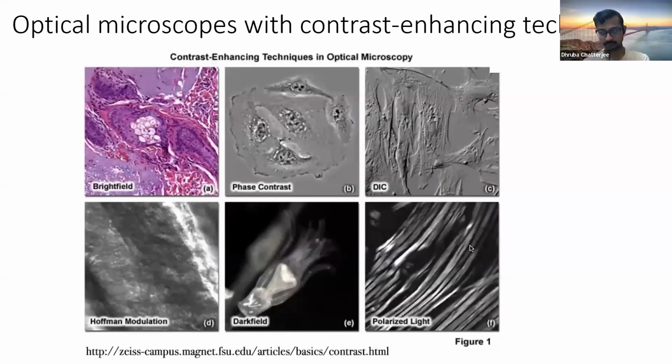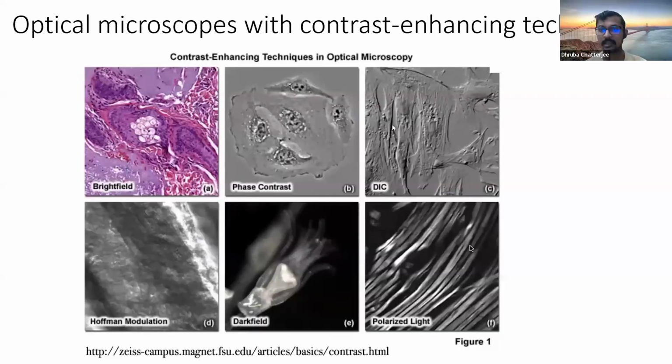So some more optical components, techniques and technologies have been used to devise more optical microscopic tools that provide much better contrast and allow you to differentiate different subcellular compartments having different optical densities or different optical properties, refractive indices.